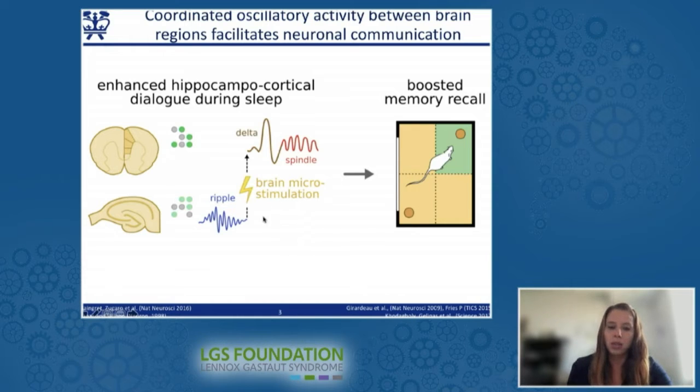What they found is that if you artificially increase the coupling between two memory-related oscillations across these two structures, you could actually improve memory in rodents. And so despite the importance of these sorts of mechanisms that are increasingly being determined to regulate key functions such as memory, very little is known about how they're disrupted in pathologic conditions like epilepsy.